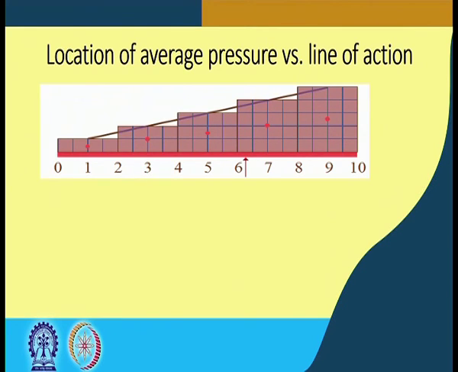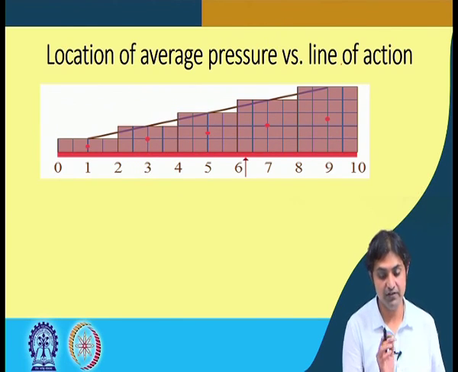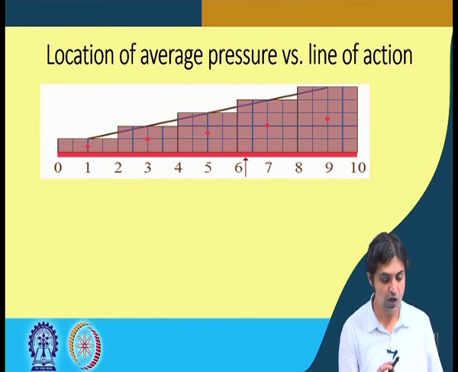I would want each and every one of you to think about this very basic question which I have taken from an English author. Location of average pressure versus line of action. So, we will see in practice how this moment and those things are calculated with the help of these blocks. This is quite easy to understand.